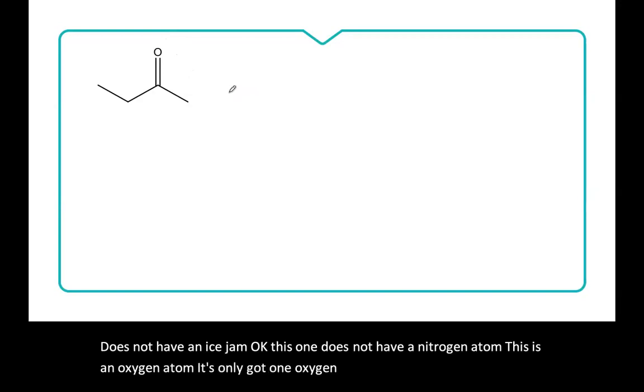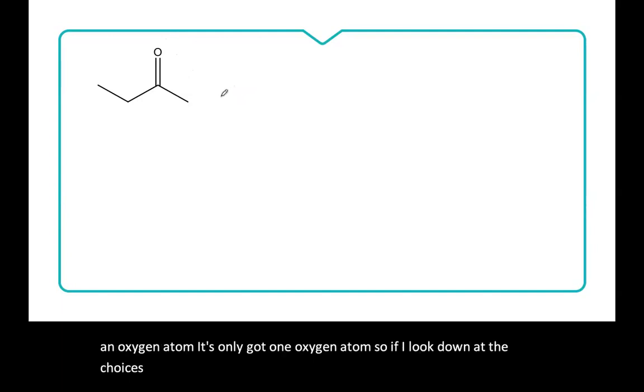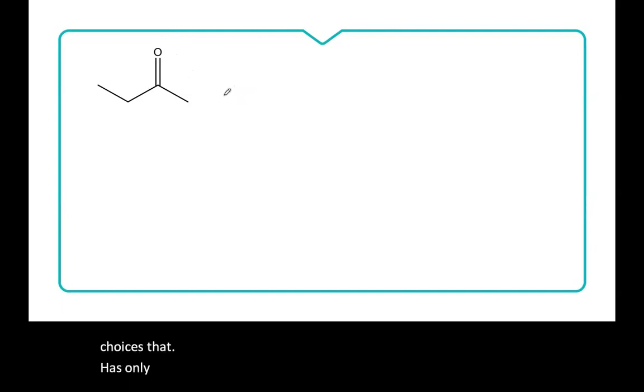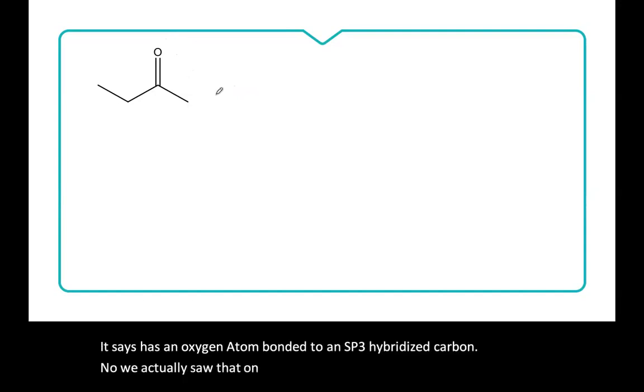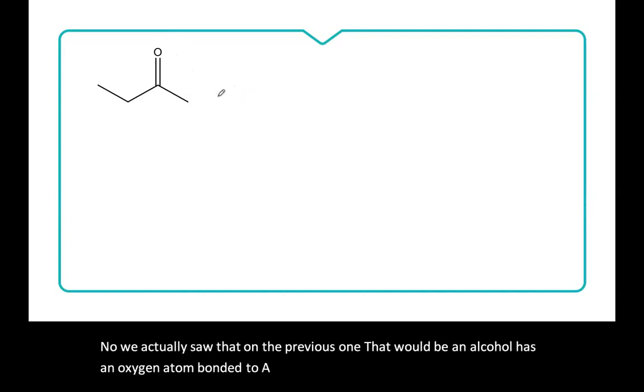So if I look down at the choices that has only one oxygen atom, it says has an oxygen atom bonded to an sp3 hybridized carbon. No, we actually saw that on the previous one. That would be an alcohol. Has an oxygen atom bonded to two carbon atoms.